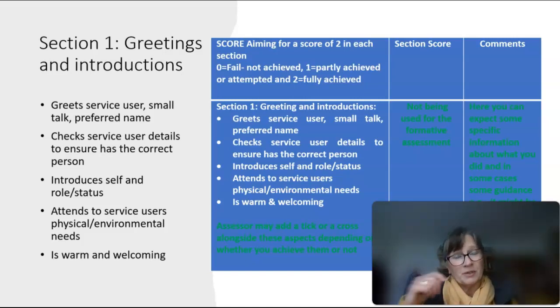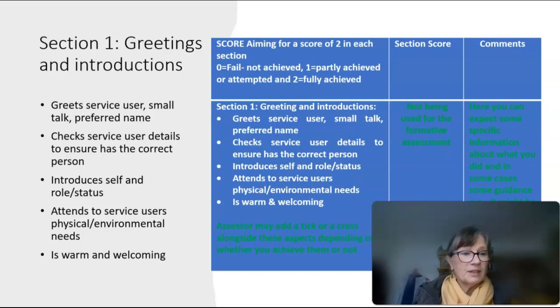They may have ticked it. Was there any small talk? Ticked it, or crossed if there wasn't anything. So you're going to get that kind of level of feedback, plus an overall view on what was good and areas for development.